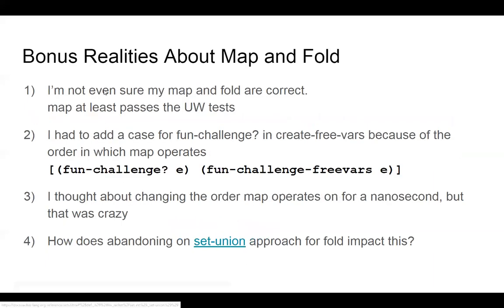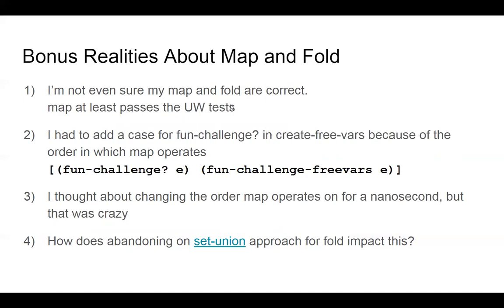So bonus reality, I'm not even sure if my map and fold that I built are completely correct. I mean, the map at least passed the UW test, and I started down the fold road and got into this like, oh, just how specifically do I have to build fold to make it work for the function that I want to call it with?